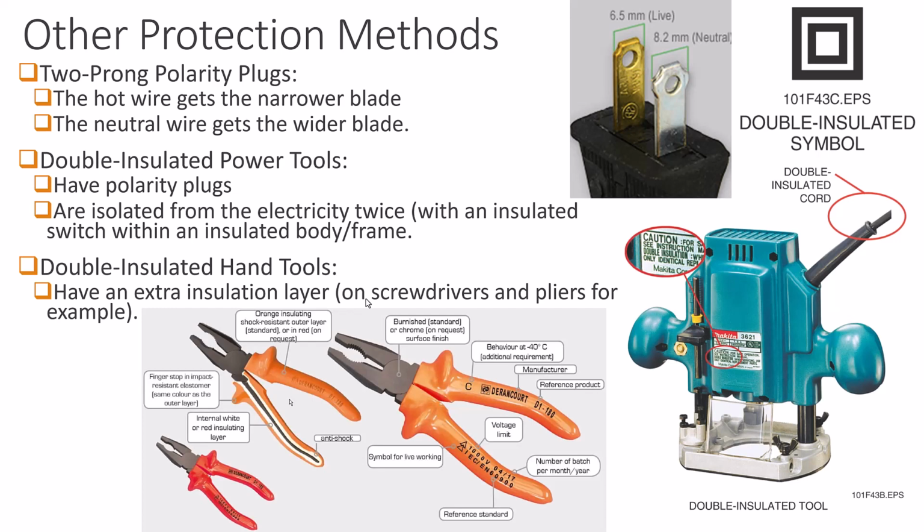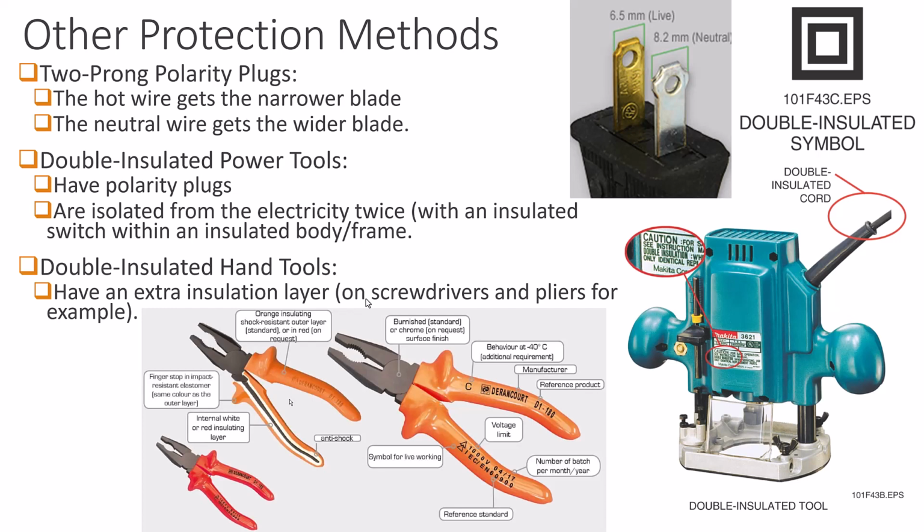It's meant to make sure you can only plug it into the outlet one way, so the hot wire is always the brass one, and the neutral is always the wider blade. So that's another level of safety that protects you.